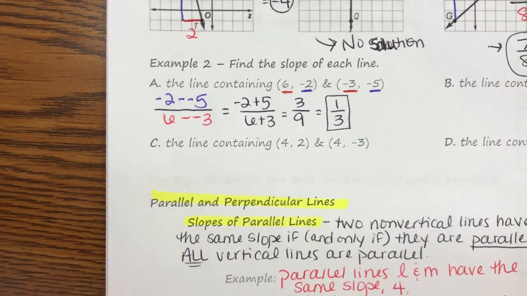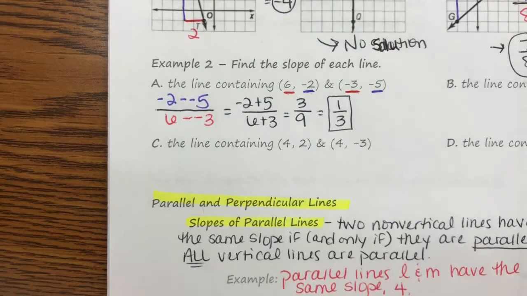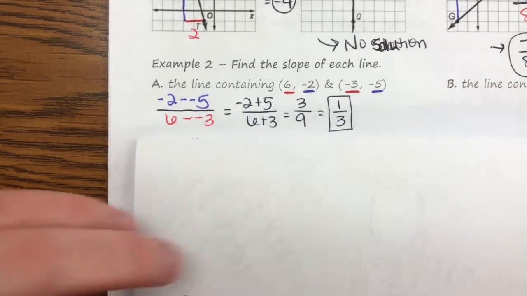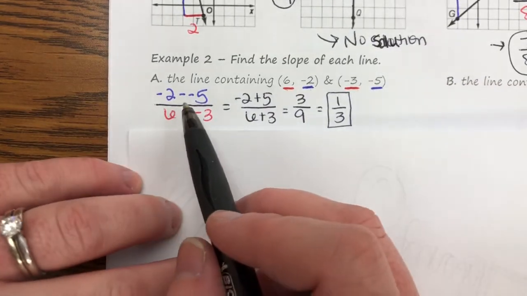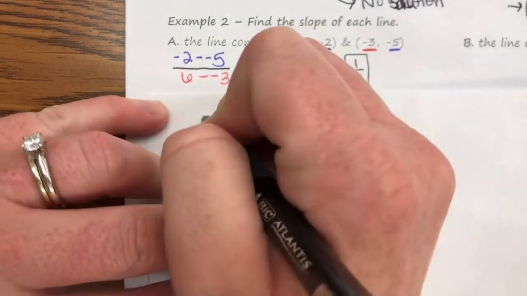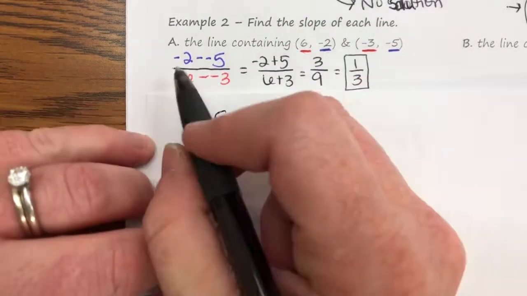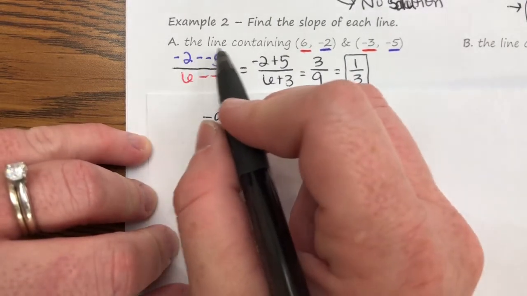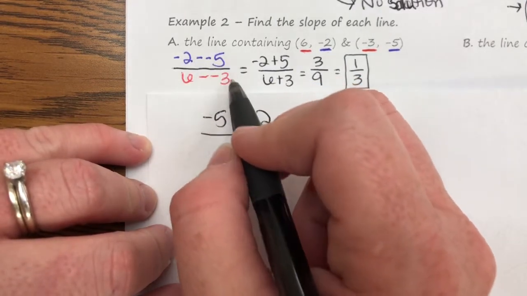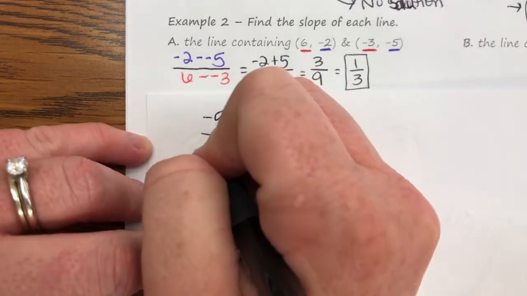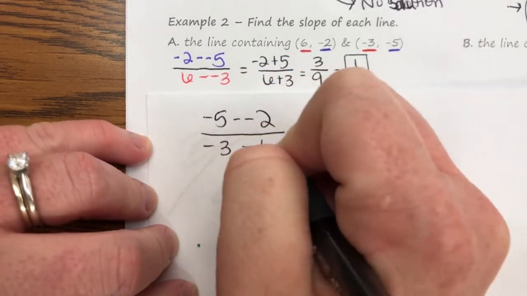Real quick, I want to show you, on the back of the sheet of paper, how it doesn't matter what order the slope goes in. So I did -2 minus -5, but what if I had done -5 minus -2? I could have done it that way, right? The other order. But if I started with -5 on the top, I have to start with -3 on the bottom. -3 minus 6.